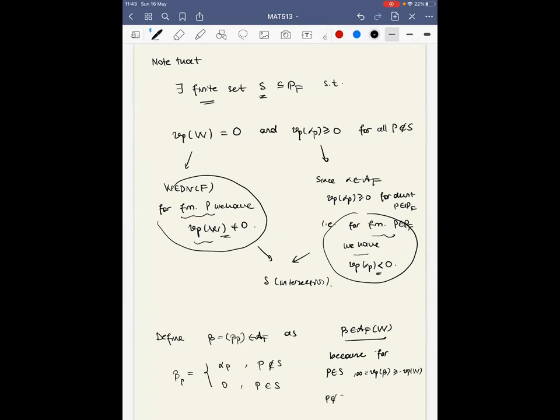And when P does not belong to S, by the definition, we know that VP of beta P is going to be determined by the VP of alpha P. And in this case, by our assumption, we know that VP of alpha P is always positive, which is equal to VP of W as well.